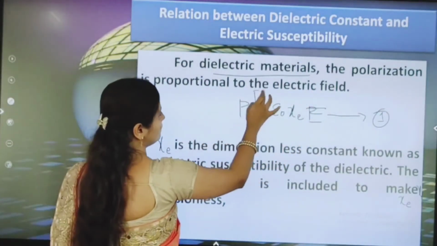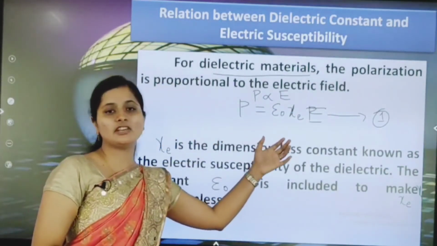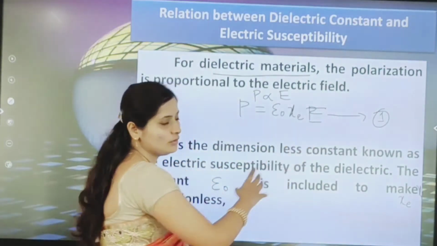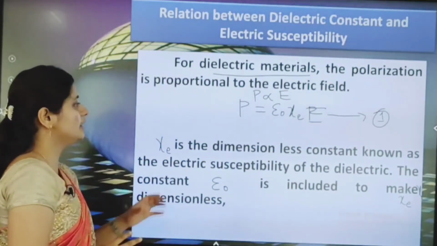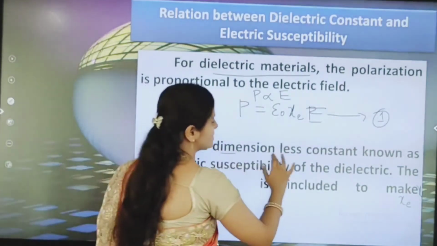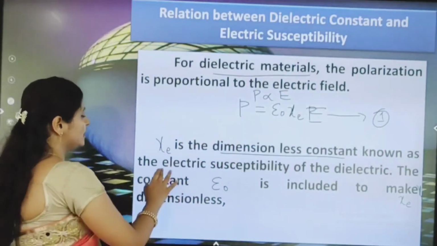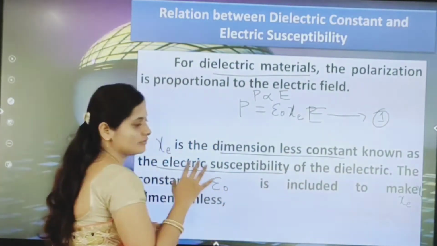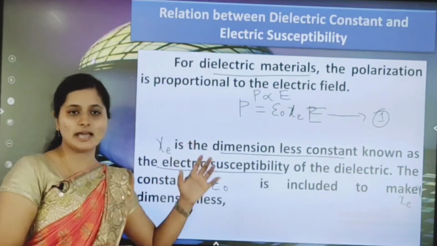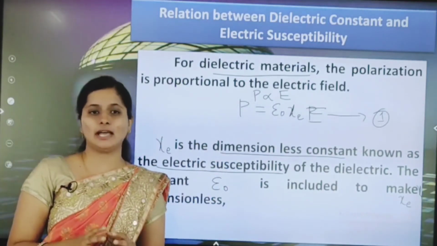So we can write here P is directly proportional to E. By taking the constant term we will get our equation 1 as P is equal to epsilon naught xi E. Okay, next here xi is nothing but what? It is one dimensionless constant. So it doesn't have the dimension, so we can call this as a electric susceptibility of the dielectrics.